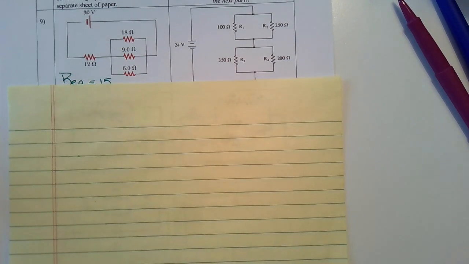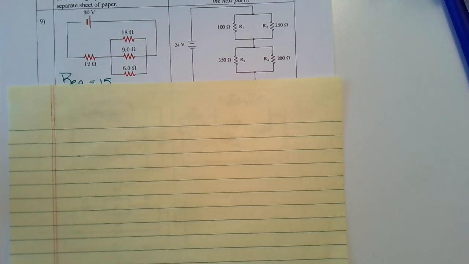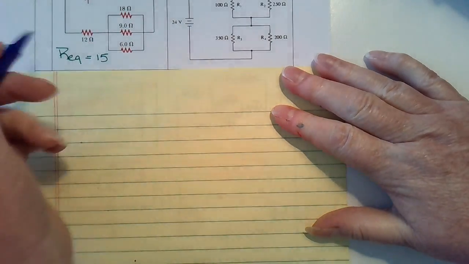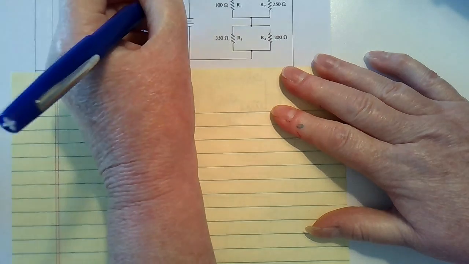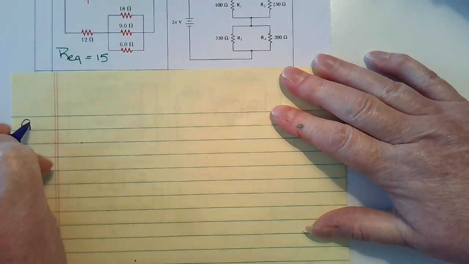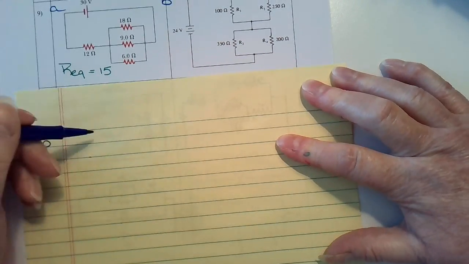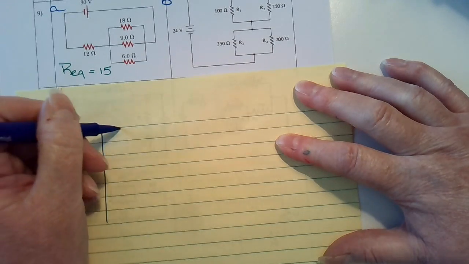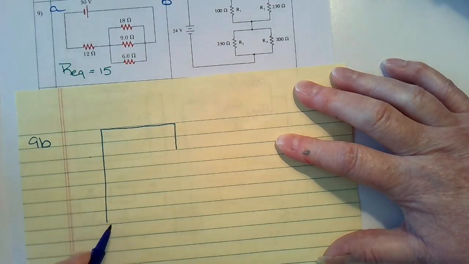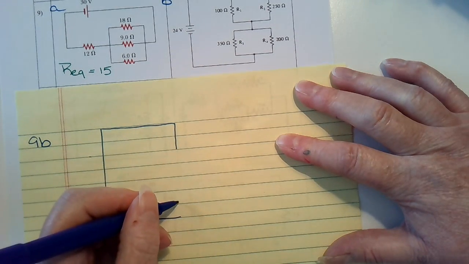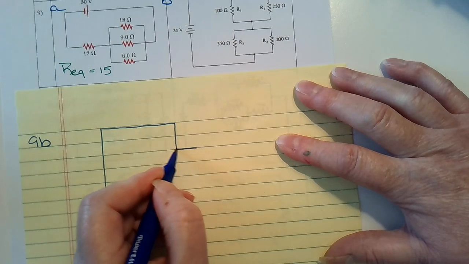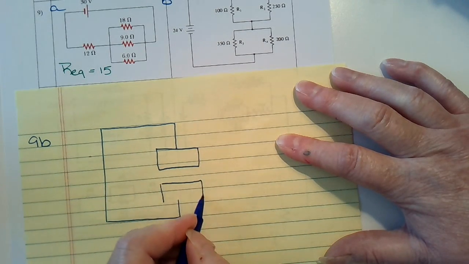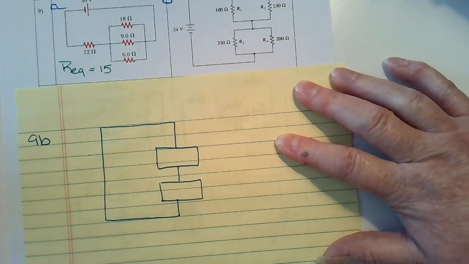All right, so I'm going to start by drawing a picture of the circuit. I'm going to call this 9A. We're going to call this 9B. All right, I see something that looks kind of like a box like this. And then I see this coming there, this coming here, and then I'll hook them together.